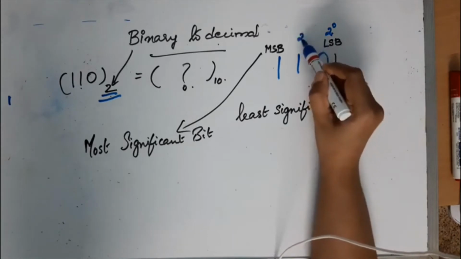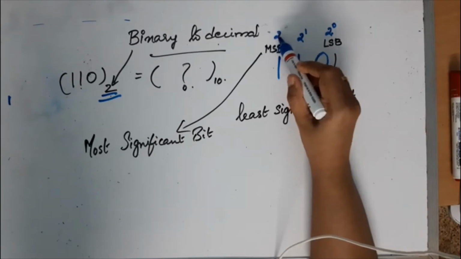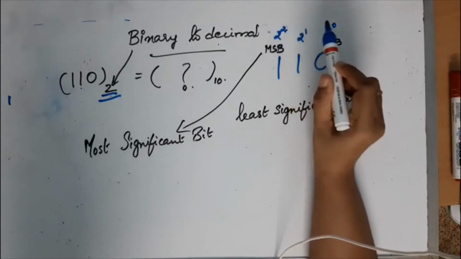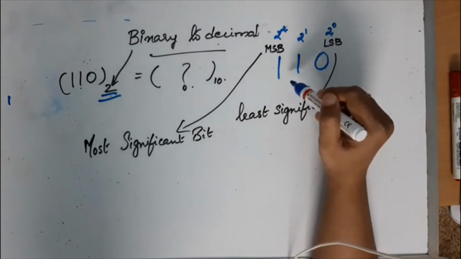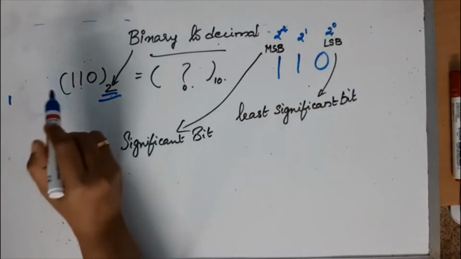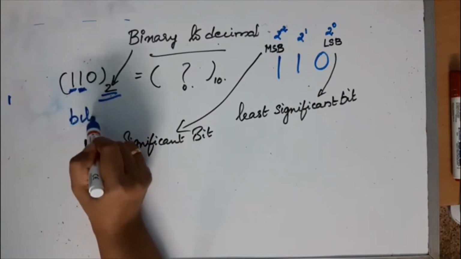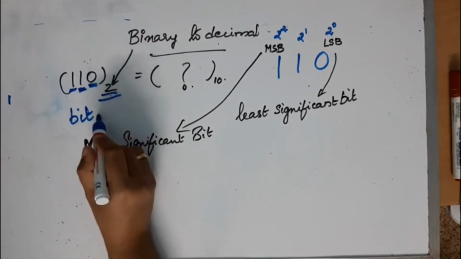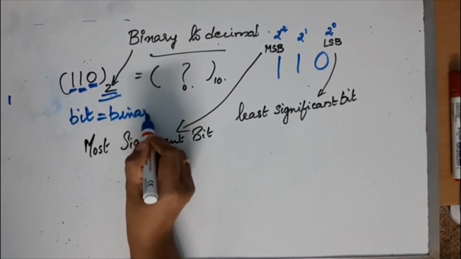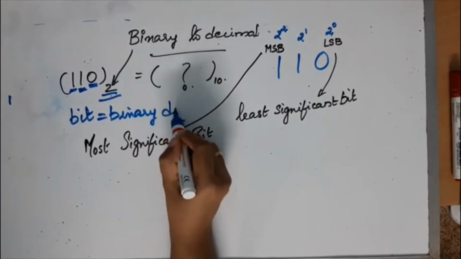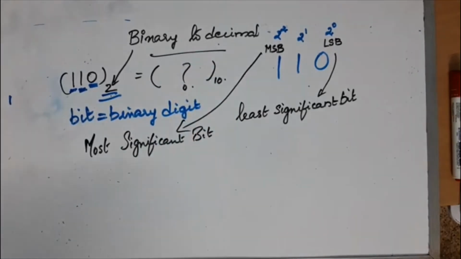Next we'll have base to the power of 1. Next we'll have base to the power of 2. In this particular case, we have only 3 bits. What is a bit? Each binary digit is called a bit. That is, 0 or 1 at a particular position is called a bit.